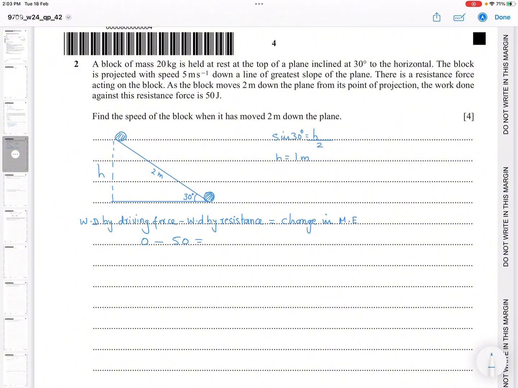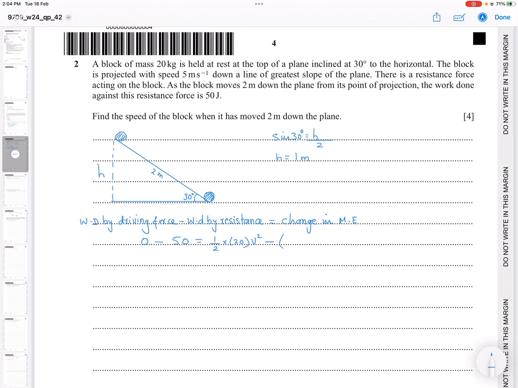So our final kinetic energy is actually 1 over 2 m v squared. So 1 over 2 times mass, which is 20, and v squared, minus the initial. Initial is actually kinetic energy plus potential energy.